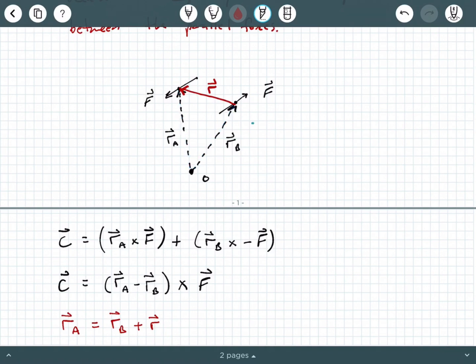So again, that's why we call it a free vector.